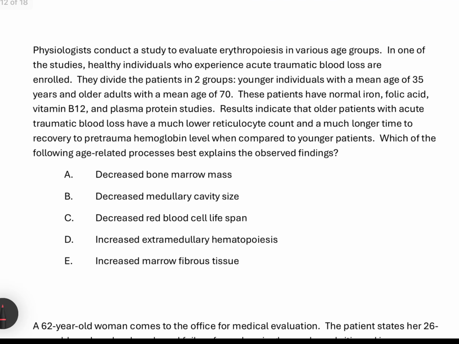The next question is: which of the following age-related processes best explains the observed finding? What are the findings? A physiologist conducted a study to evaluate erythropoiesis, in which healthy individuals who experience acute traumatic blood loss are enrolled. They divide the patients into two groups: younger individuals with a mean age of 35 years and older individuals with a mean age of 70.